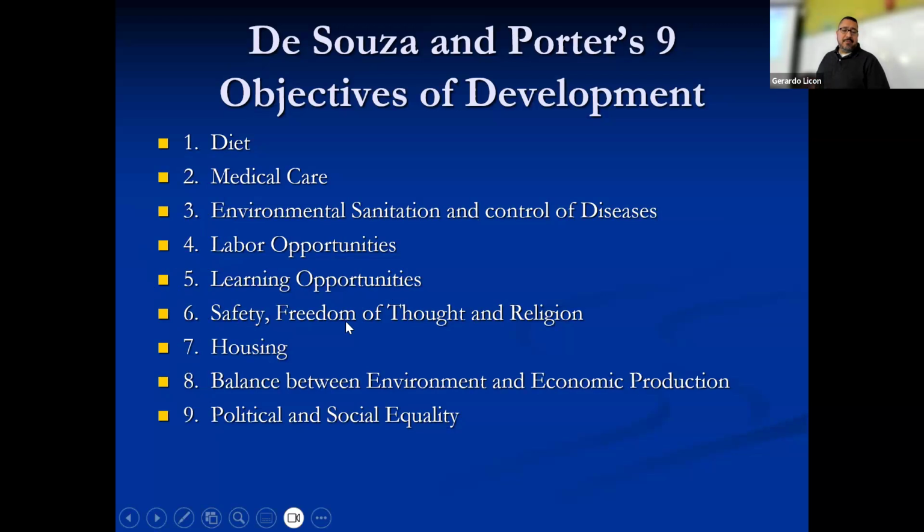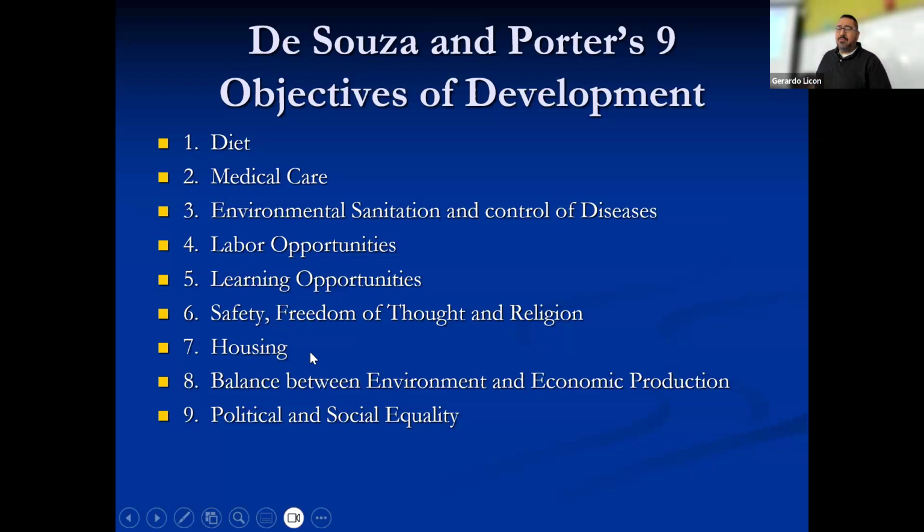Number 6, safety, freedom of thought, and freedom of religion. So generally, how safe do people feel in a country, regardless of their background, regardless of their ideology, or regardless of their religion? Or are they persecuted for it?